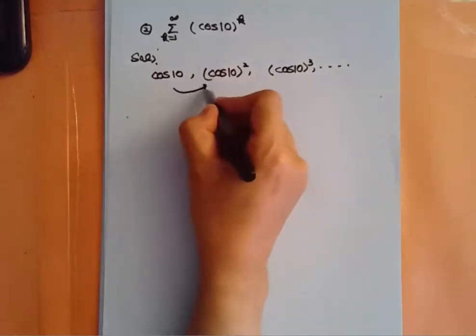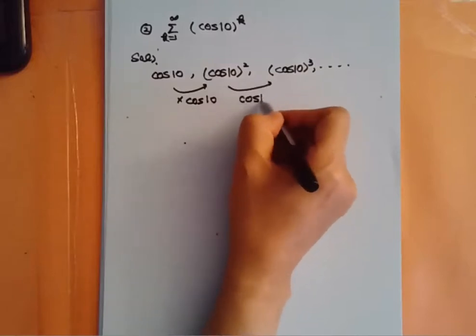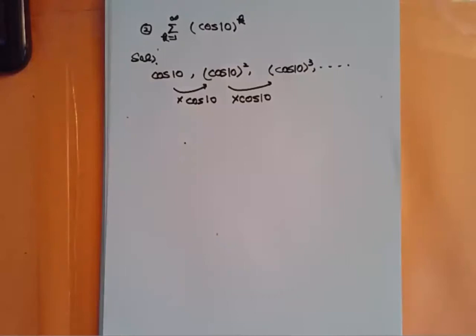So we are multiplying by cosine of 10 whenever we are obtaining the next term in the sequence.